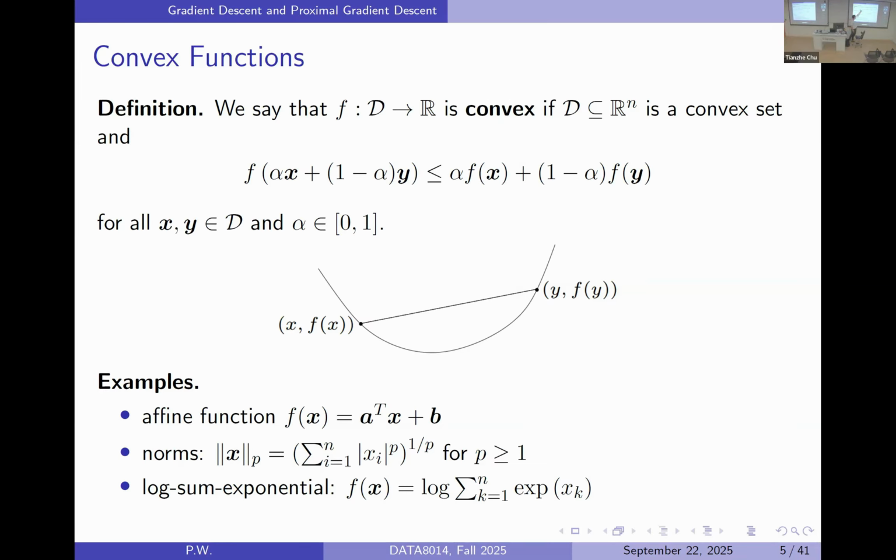Usually we call alpha x plus 1 minus alpha times y a convex combination of x and y. At this point, the function value is smaller than or equal to alpha times f of x plus 1 minus alpha times f of y, for all x and y belonging to the domain of this function, and alpha from 0 to 1. You can see here a very concrete example of what a convex function is.